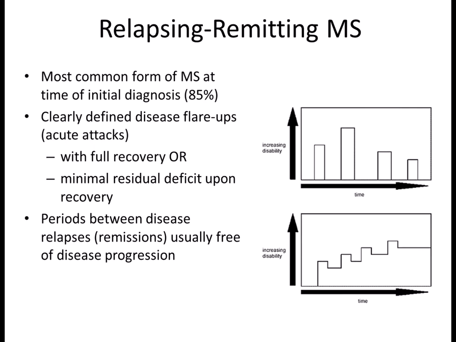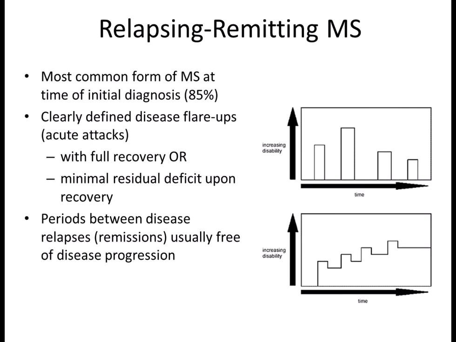The time periods between relapses or exacerbations are free of disease progression. So they either come all the way back down to normal or they maintain a little bit of disability after the attack. Okay, you can see this on the right-hand side of the slide.